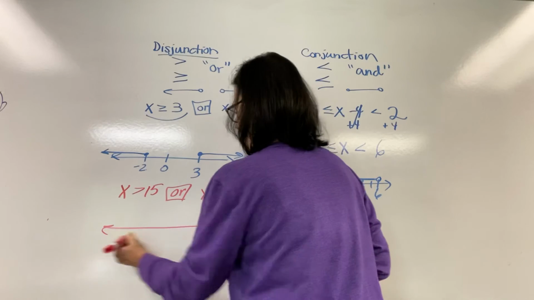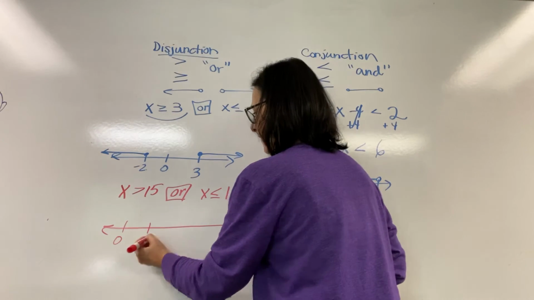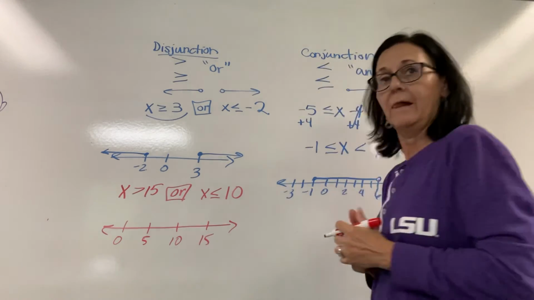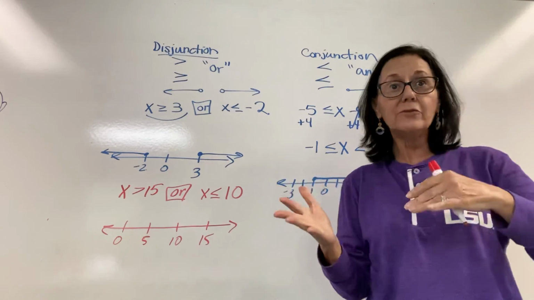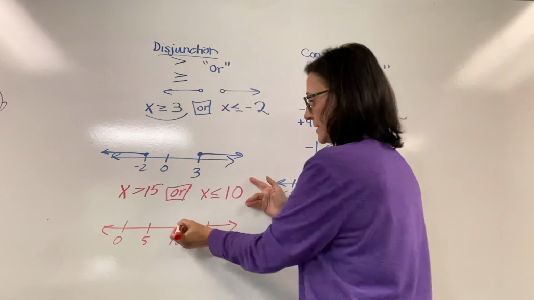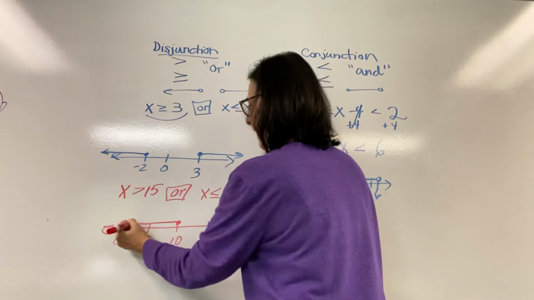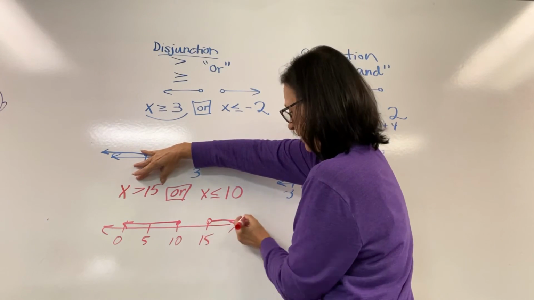All right, so when I graph it, I'm going to put 0 way over here. I'm going to count by 5s, 5, 10, 15, because we don't always have to count by 1s. You can count by 2s, you can count by 10s. Less than or equal to 10 is a closed indicator going to my left. Greater than 15 is an open indicator going to my right.